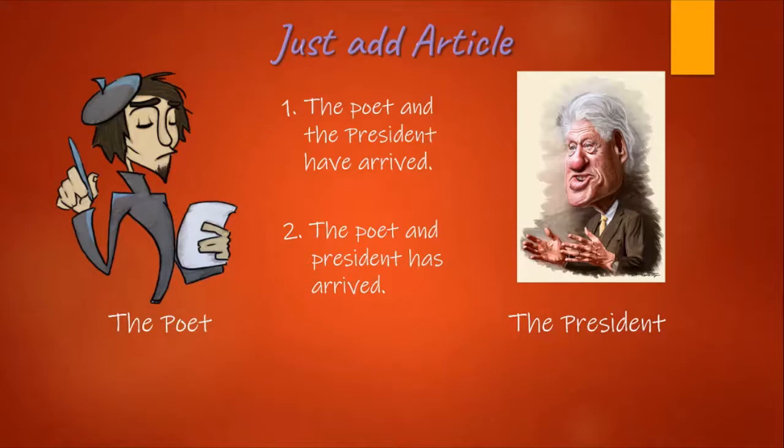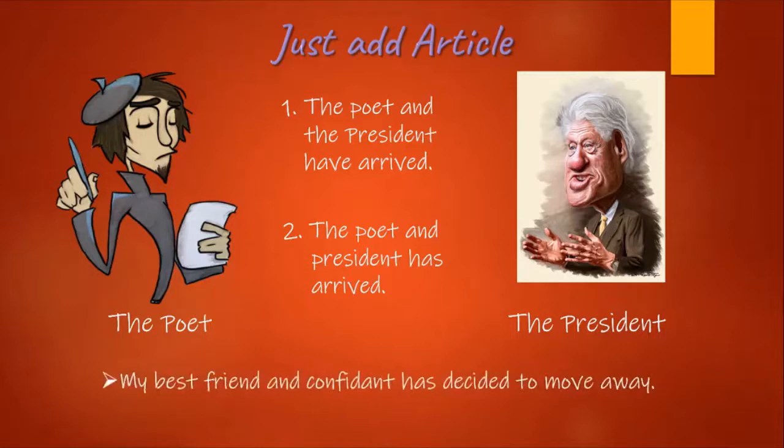Let us have another example on this. My best friend and confidant has decided to move away. Whoever is my best friend, that person alone is my confidant, right? What I'm trying to show with this example is that it is not just articles. Articles are the most famous thing in this case, right? But we are actually talking about determiners.